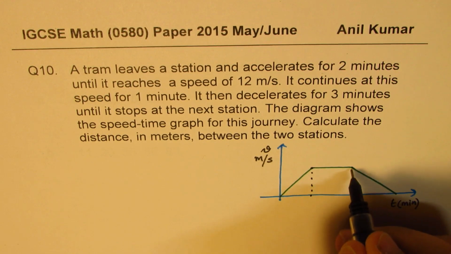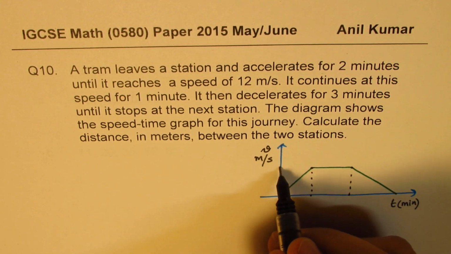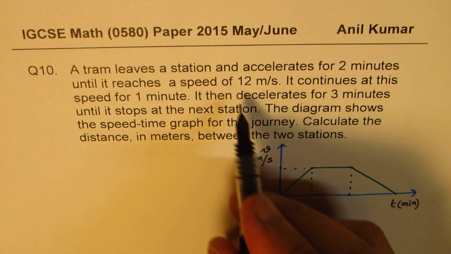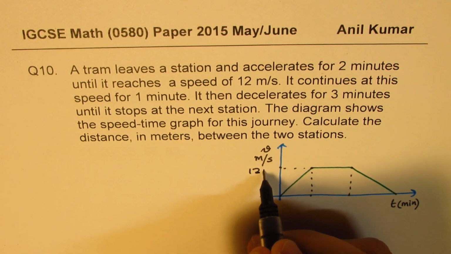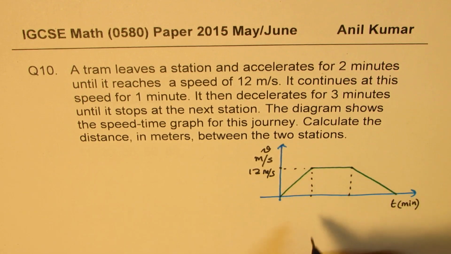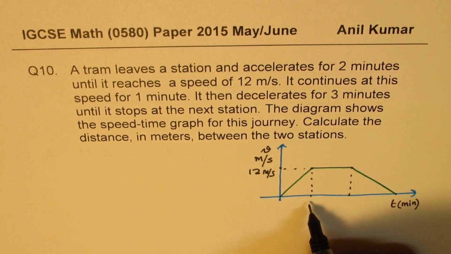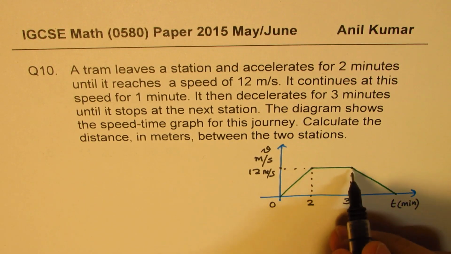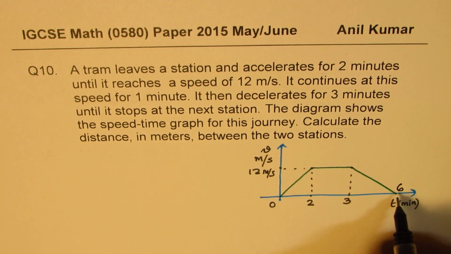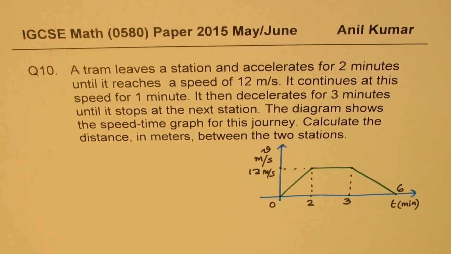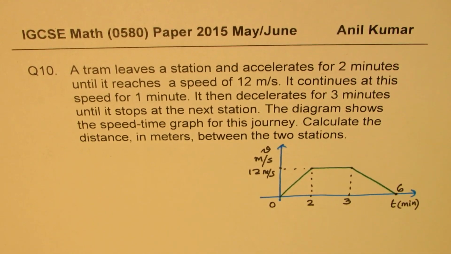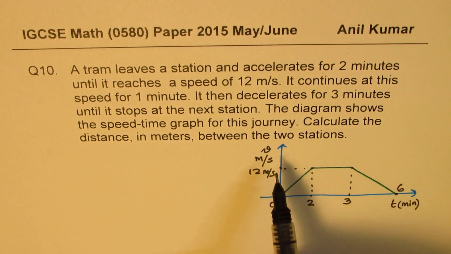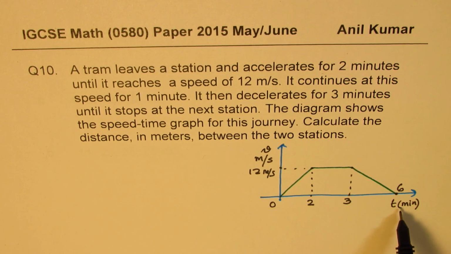And what are we saying? It accelerates to 12 meters per second. So this is 12 meters per second, the maximum velocity reached. And it accelerates within 2 minutes and stays there for 1 minute, and then coming down takes 3 minutes to stop, right? So it comes down when the time is 6 minutes. So that is the graph for you, which is the velocity versus time graph.